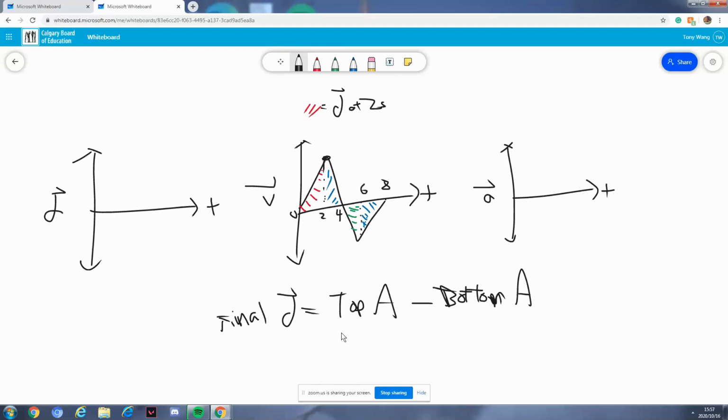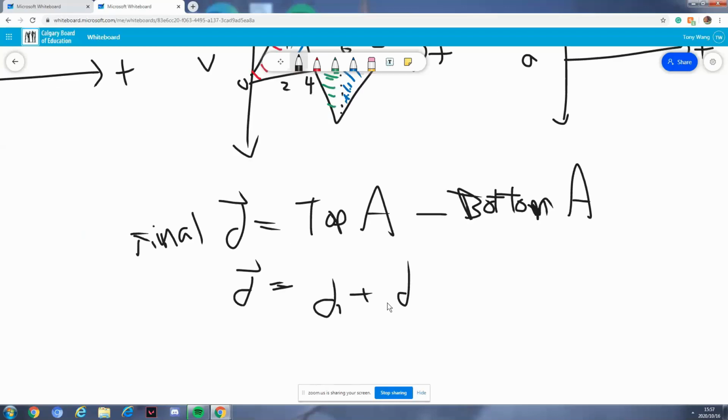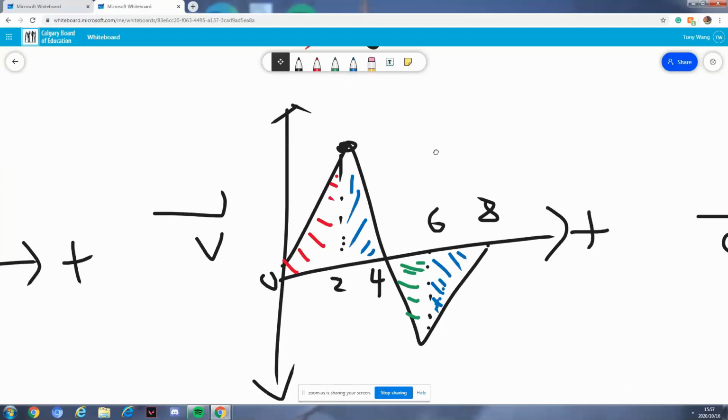So why is it top area minus bottom area? If you remember, displacement is a vector, so you add up all your little distances. If you add up the positive distance and the negative distance, you're basically subtracting.